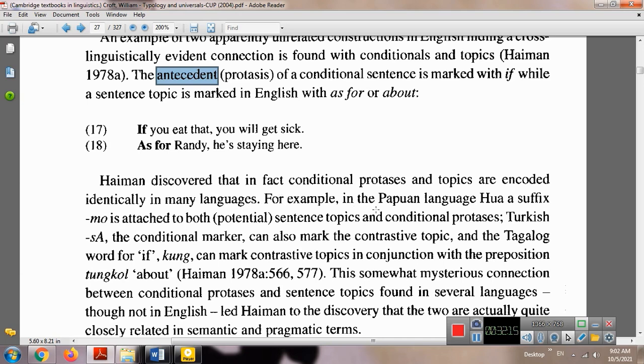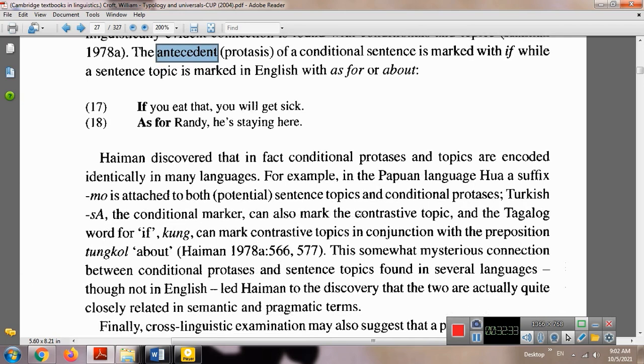For example, in the Papuan language Hua, a suffix mo is attached to both potential sentence topics and conditional protases. In Turkish, sa, the conditional marker, can also mark the contrastive topic, and the Tagalog word for if, kung, can mark contrastive topics in conjunction with the preposition tungkol, which is about.